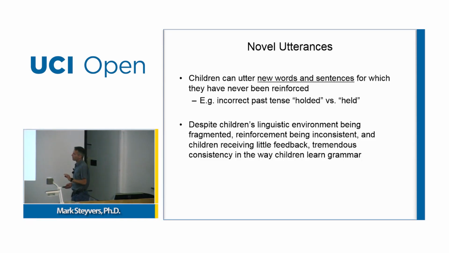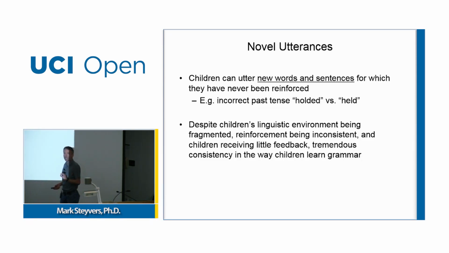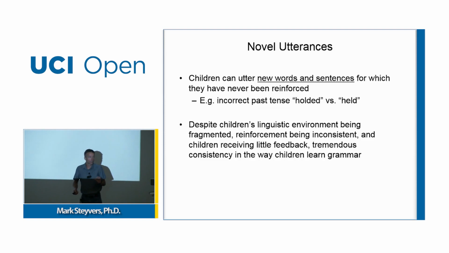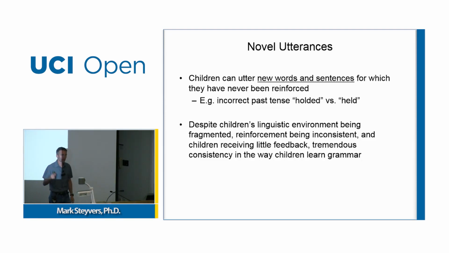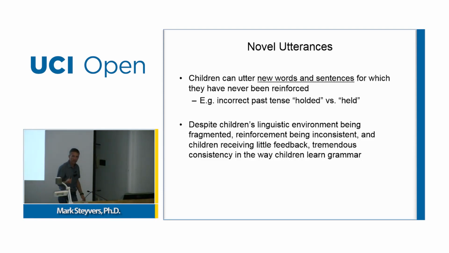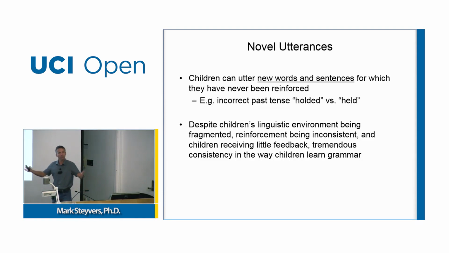Children sometimes produce words that they have never been exposed to, right? So the grammatical error of producing holded versus held. The parent never says holded, so where did this error come from?